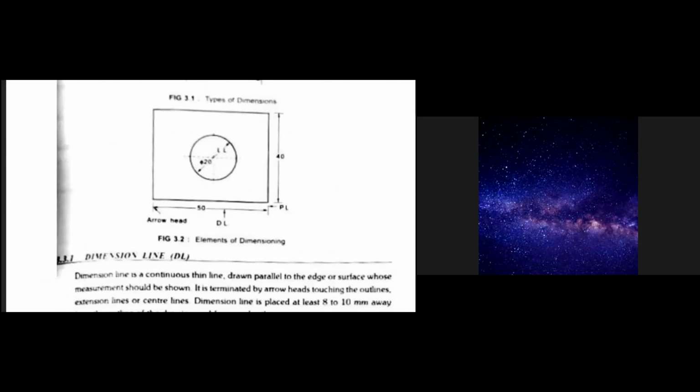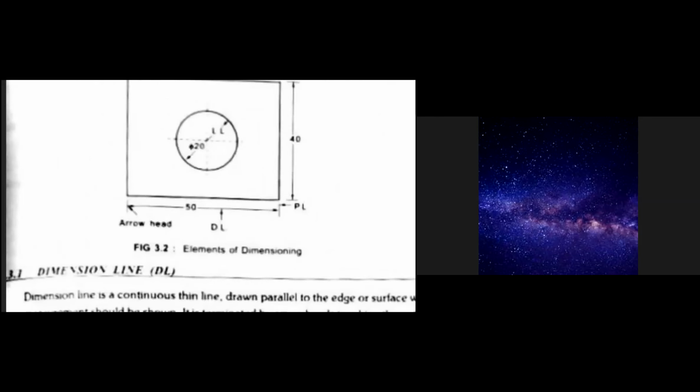One is the constructing line. What is a constructing line? It is a line of the figure for which you have to write the dimension value. See here, this horizontal line is a constructing line. For that line you have to write the dimension of that constructing line.